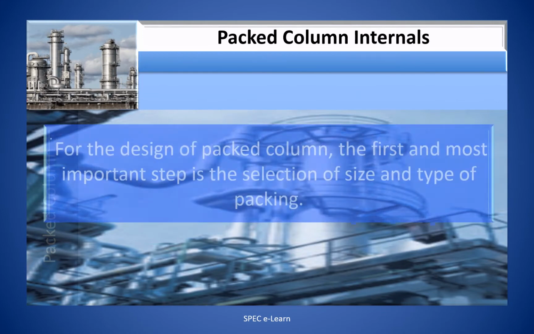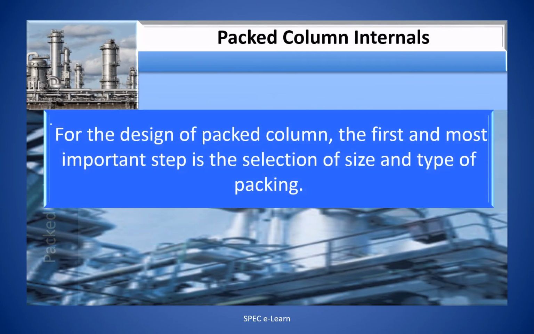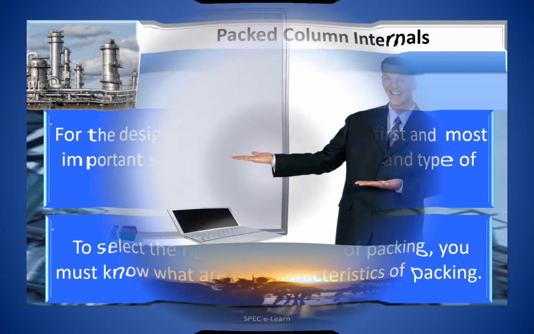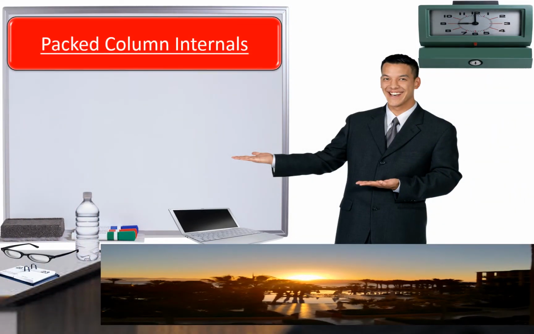For the design of packed column, the first and foremost step is the selection of size and type of packing. To select the right size and type of packing, you must know what the characteristics of packing are.